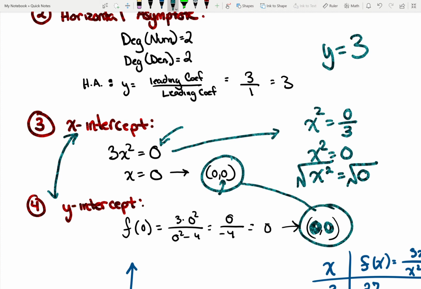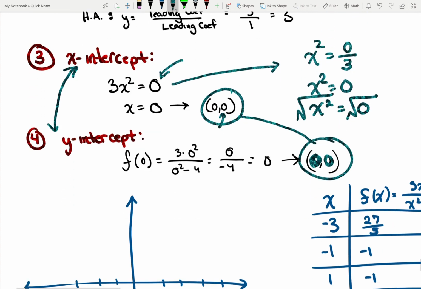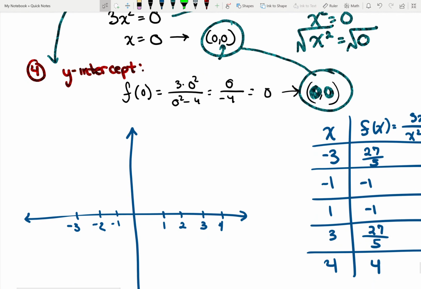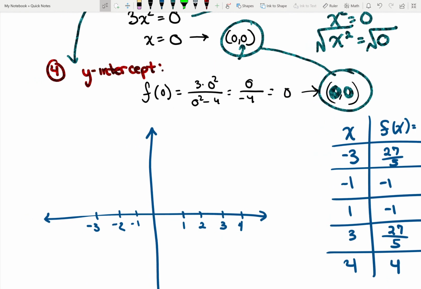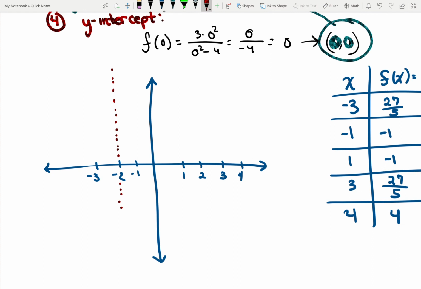All right, so let's go around, same procedure as before. And this time, the unique thing is that we have two vertical asymptotes. The first one will be at x equals minus 2. The other one is at x equals 2.